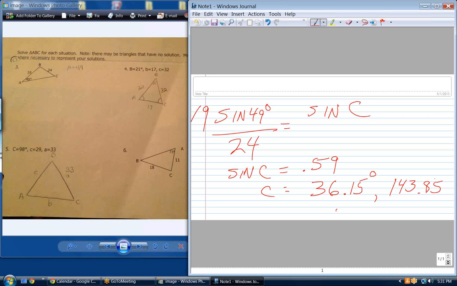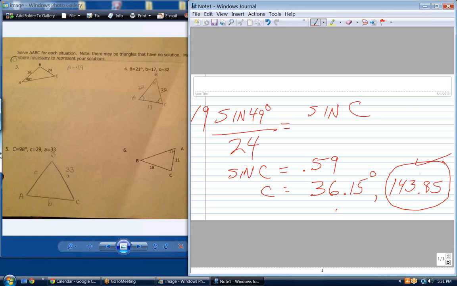Is it angle C? No. Here's what I'm saying. Just for the moment, this is not an angle that is necessarily in the triangle. In order to handle the ambiguous case of the law of sines, always figure out what this one is.